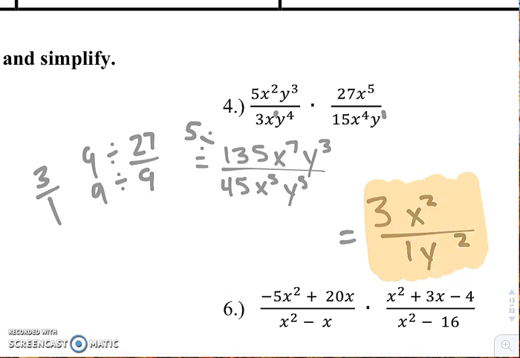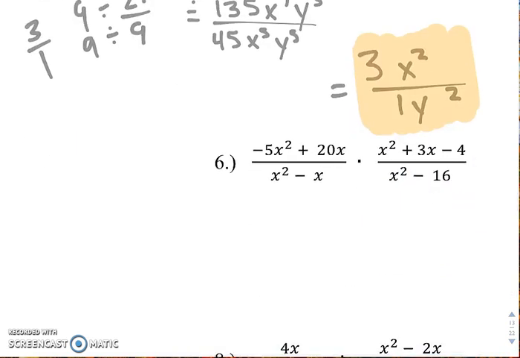So your final answer there would be 3x squared over y squared. You don't have to include the 1. So when you're multiplying these fractions, just multiply straight across and then reduce. I like to make it one fraction and then reduce that one fraction.